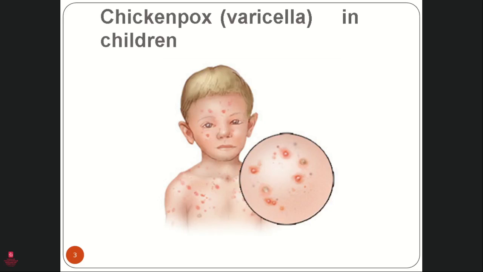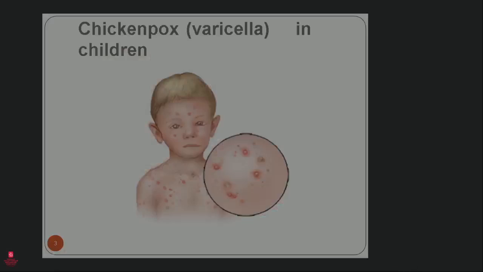Presenting symptoms may include a history of low-grade fever, abdominal pain, a history of rash, intense pruritus, headache, malaise, anorexia, cough and coryza, and sore throat. Rash and fever are the typical finding during physical examination in pediatric patients with varicella.